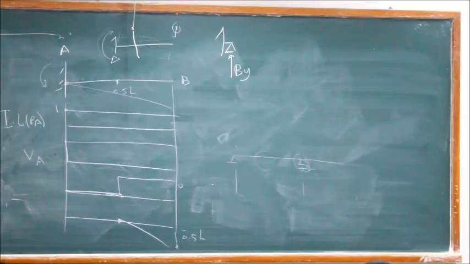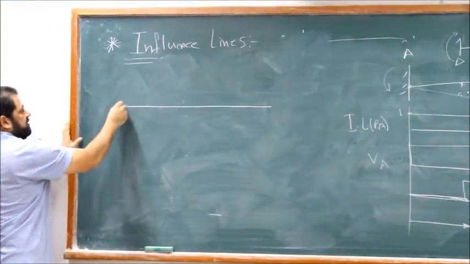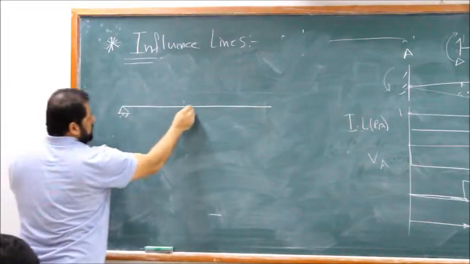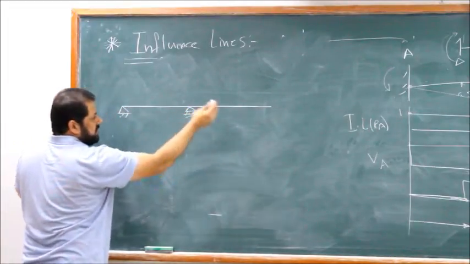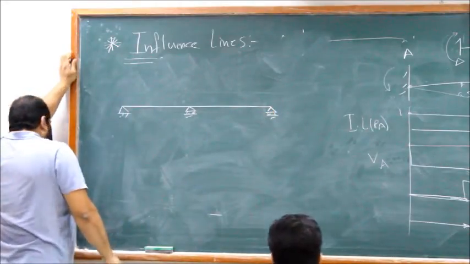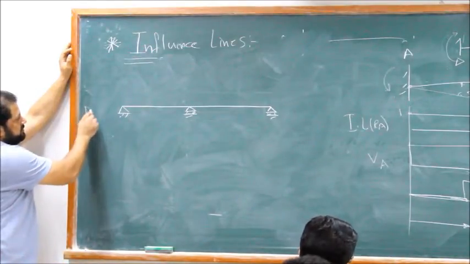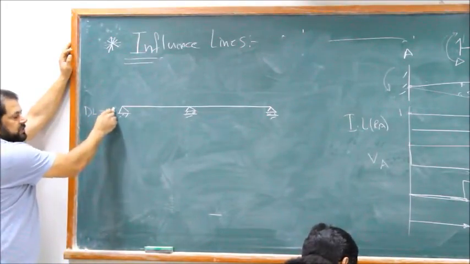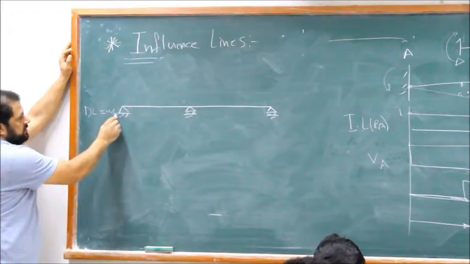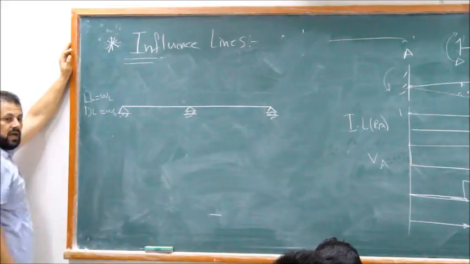When you have a two-span beam, and let's assume they are equal, if you have dead load, W dead, and live load, W live.